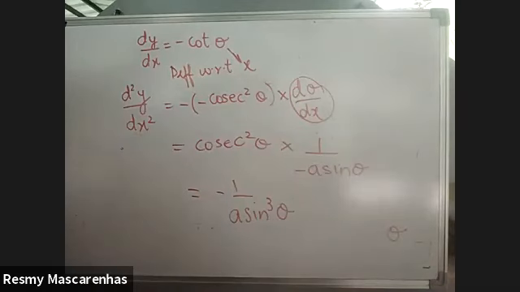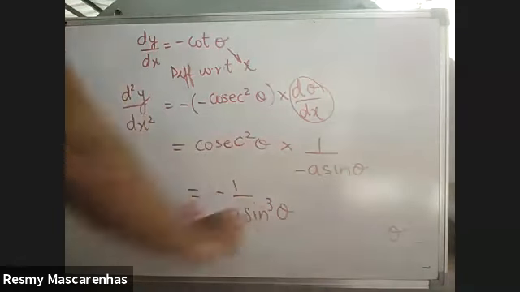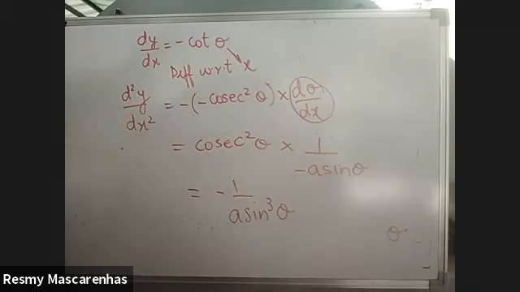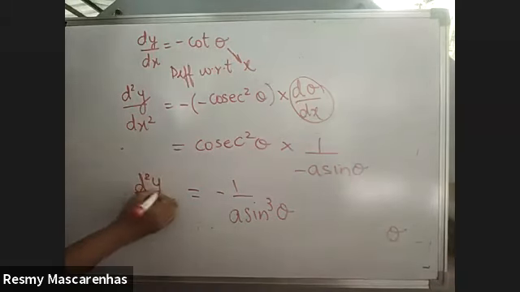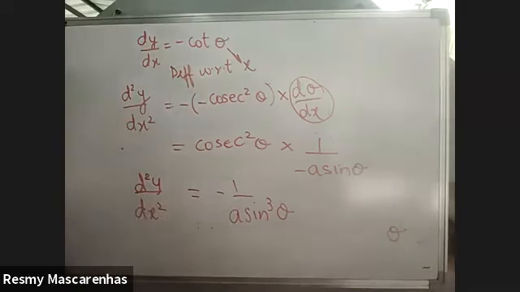Sine square and sine will become 3. So this is your answer. Actually, if you were asked only to find d square y upon dx square, this would be your answer.